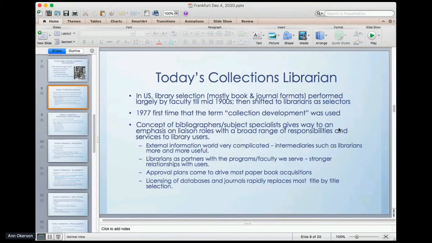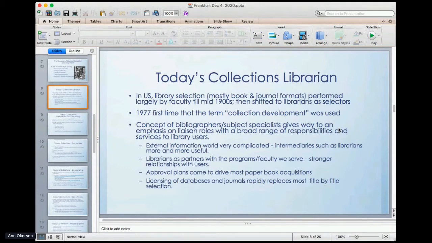Initially, the function of the selector or bibliographer was in the back office, kept separate from reference librarians who dealt with patrons. The two functions started to come together in the 1990s as the concept of subject specialists gave way to an emphasis on liaison roles with a broad range of responsibilities and services to library users.